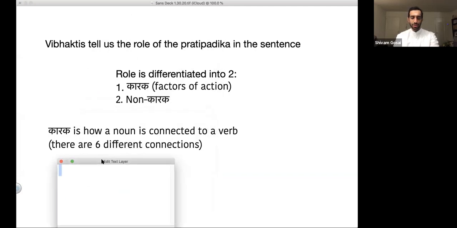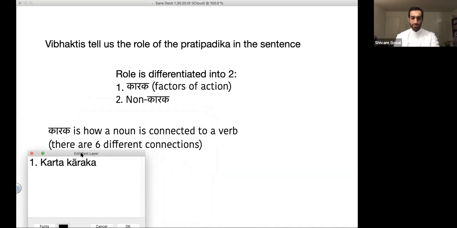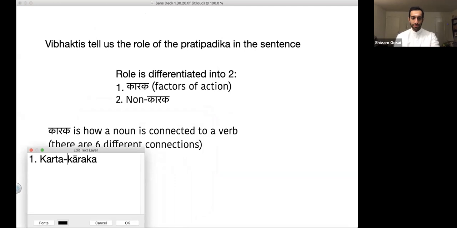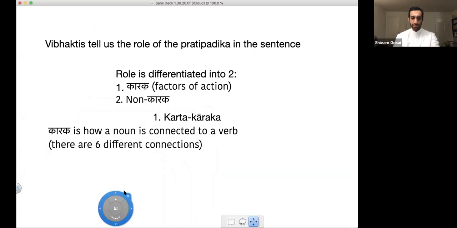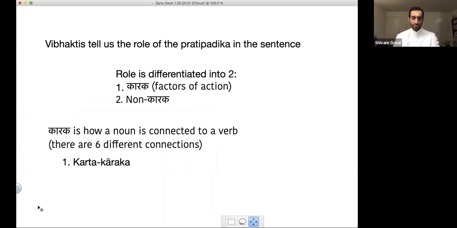Number 1 is karta karaka. We've seen, I see the elephant.